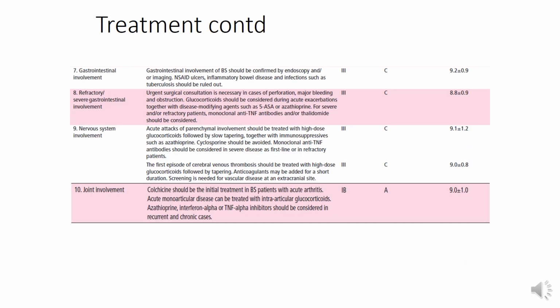For severe gastrointestinal involvement, glucocorticoids and 5-aminosalicylic acid or azathioprine. For central nervous system involvement, immunosuppressants or TNF-alpha blockers. For joint involvement, intra-articular glucocorticoids or colchicine.